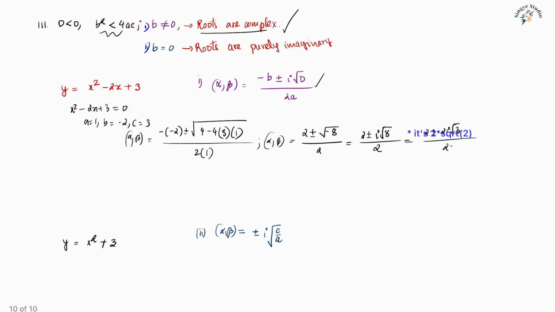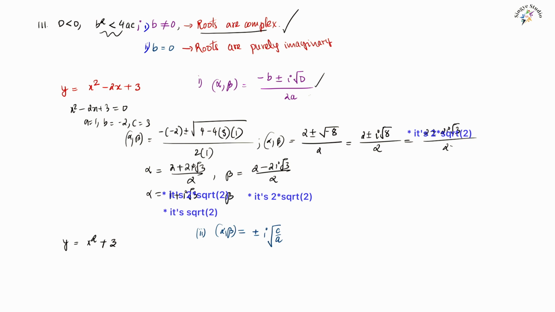So my alpha will be 2 divided by 2 plus 2i root 3 upon 2, and my beta will be 2 minus 2i root 3 upon 2. So alpha will be 1 plus i root 3 and my beta will be 1 minus i root 3. So you can see that these roots are complex, right? And they are actually conjugates.